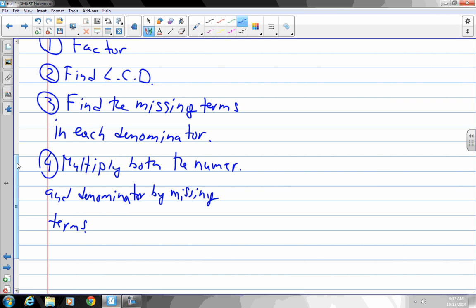You do the same thing when you add, subtract numerical fractions. You find the LCD, you see what's missing, and then you multiply each top and bottom by whatever's missing. Only now it's going to be a little more messy. Okay?